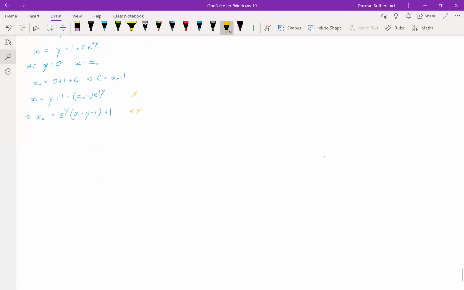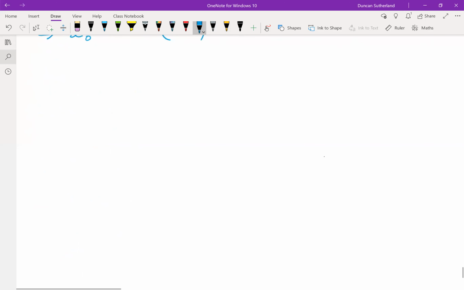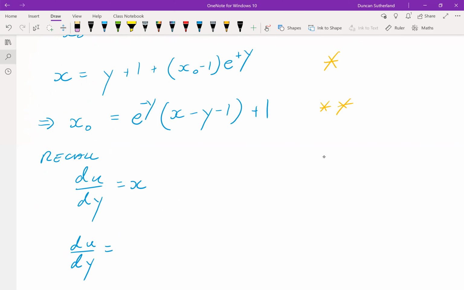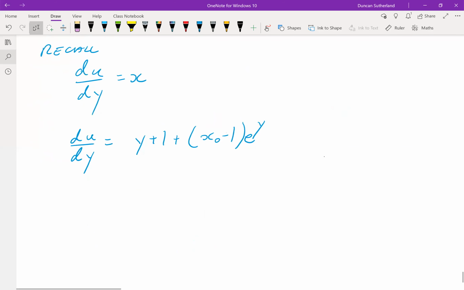So du/dy equals x. So that's obviously du/dy equals e to the y times (x naught minus 1) plus y plus 1, like so. Now we can crank through. We can integrate this.